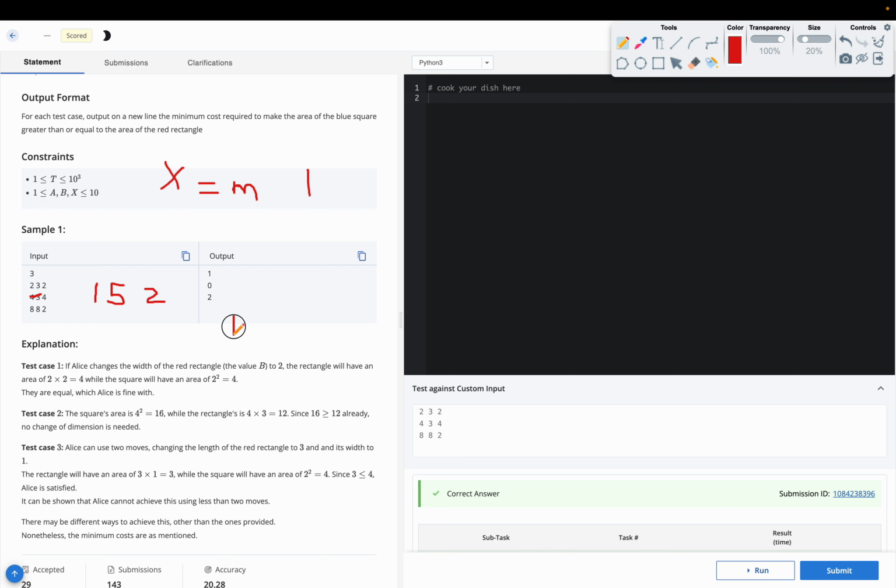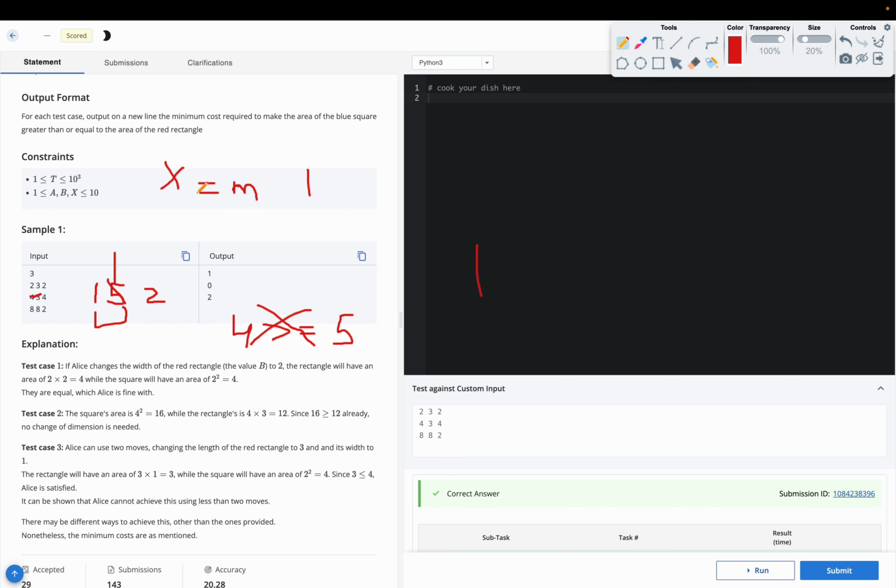So I take here square 4 greater than or equal to 5. Is it? No, it's not. Now I take the minimum of these two. The minimum of these two is 1. So if the minimum is 1, I can turn this into 1 and I can give it.